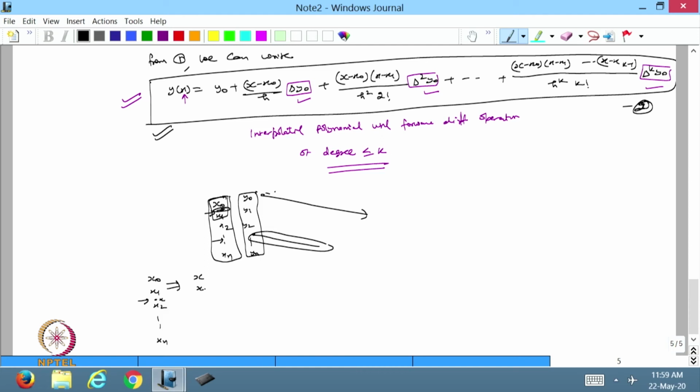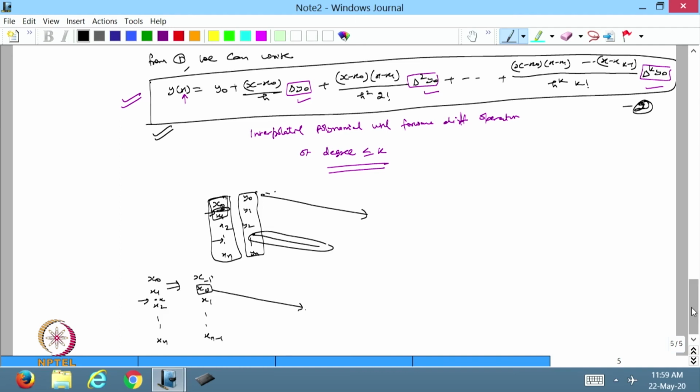So, x1 I call x0, the previous one I call x minus 1, then the next x1, and the last xn minus 1. We just shift these indexes so that this becomes x naught, and then I can use the finite difference table, use all the values corresponding to this line, and put them in this equation to get the interpolating polynomial.